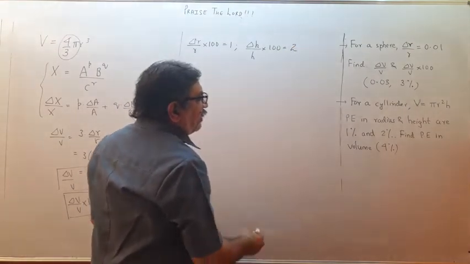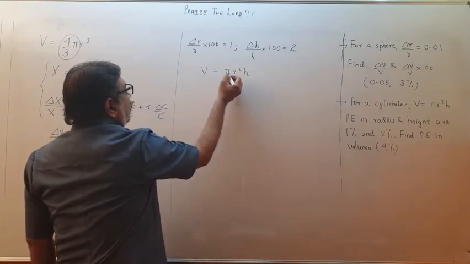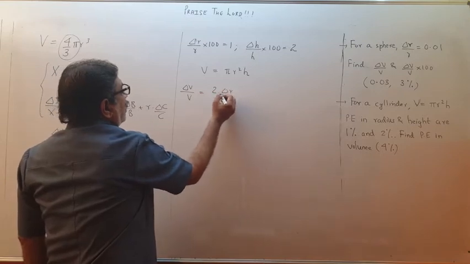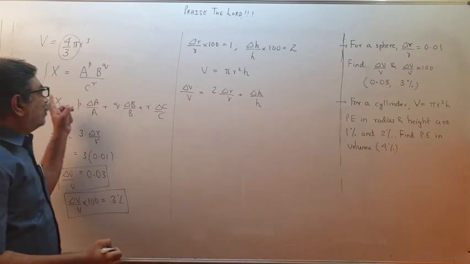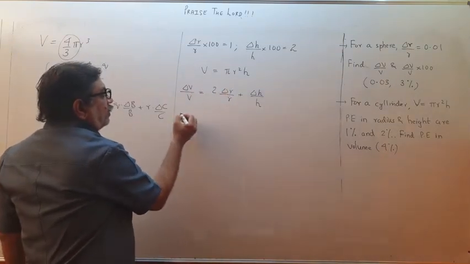Find the percentage error in volume. So first write v equal to pi r square h. Pi is constant. So delta v upon v will be 2 times delta r upon r plus delta h upon h, according to this formula. Because we want percentage error, multiply all the terms by 100.